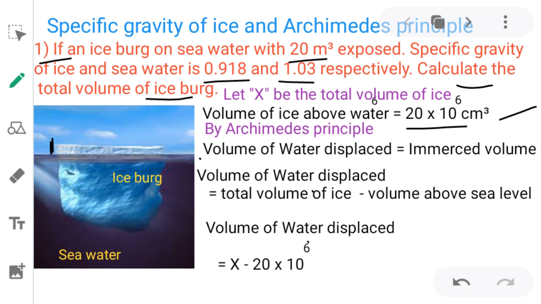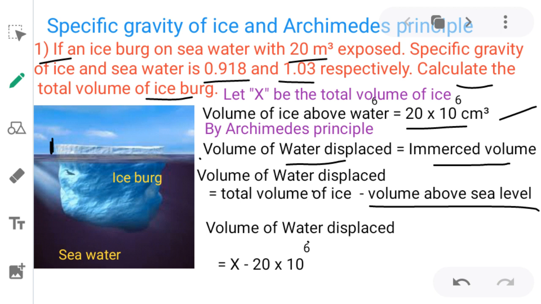By Archimedes principle, the volume of water displaced is equal to the immersed volume of ice. That is the total volume of ice minus the volume above sea level.